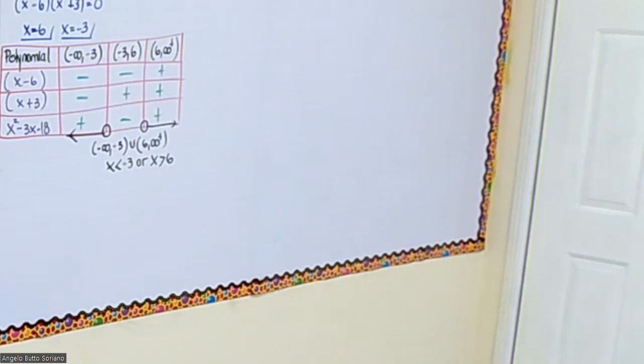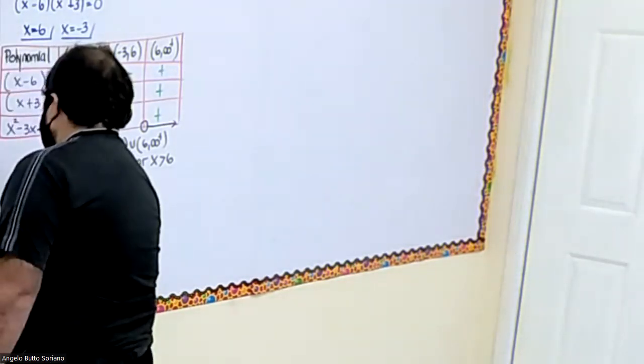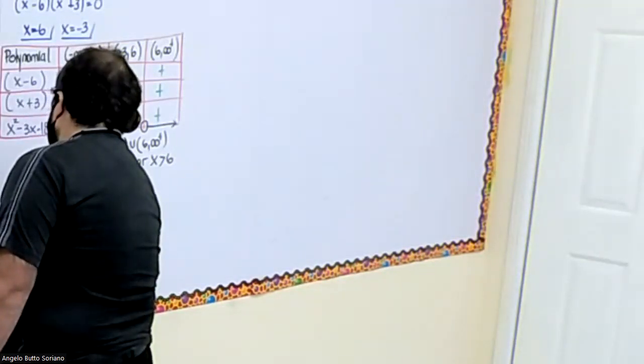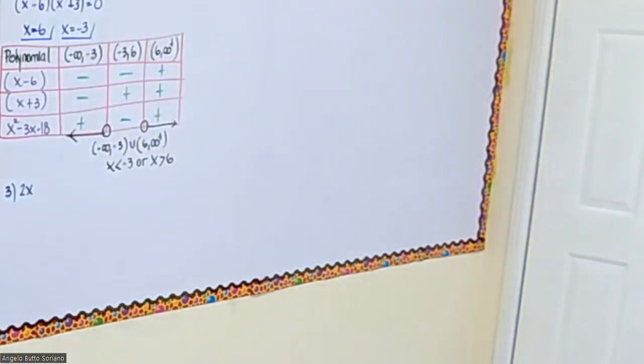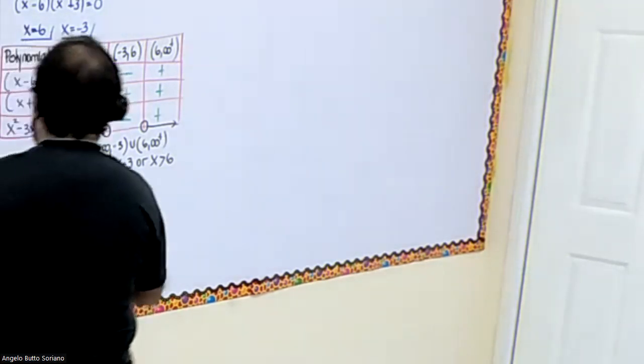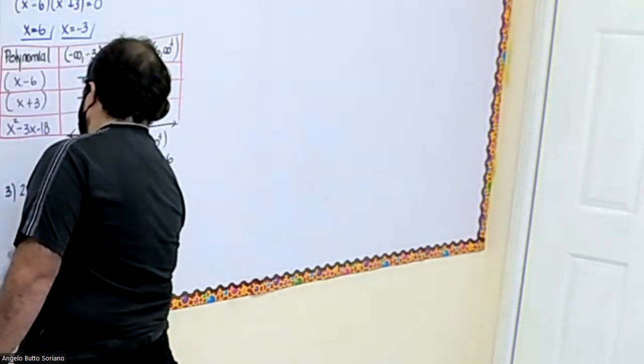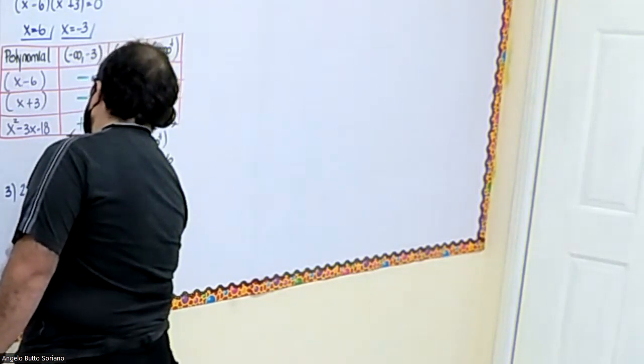Okay, problem number 3. Okay, yeah, it's over here. So problem number 3. We got 2x minus 3x squared less than 0.